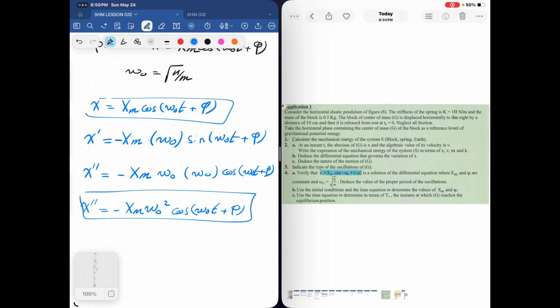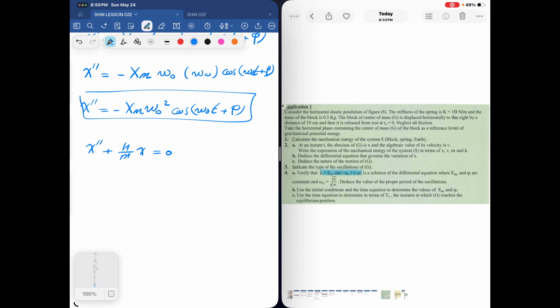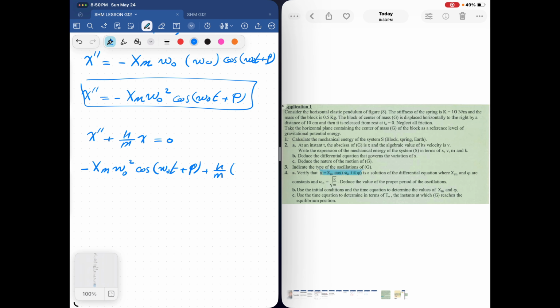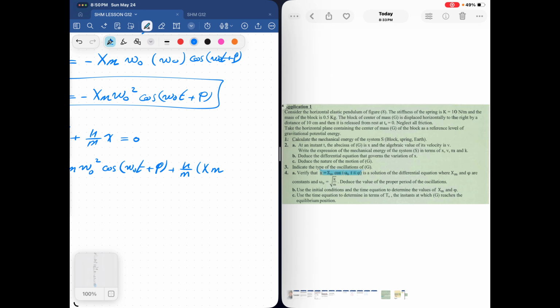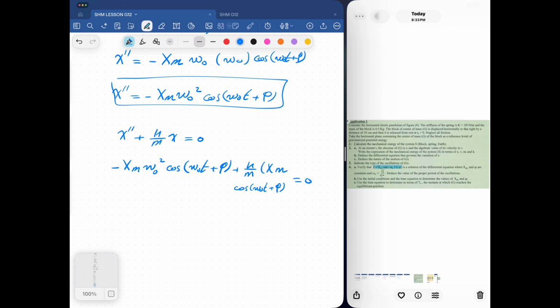Now we substitute this and this in the differential equation, and we get as follows: x double prime plus k over m x is equal to 0, thus minus xm w0 squared cosine w0t plus phi plus k over m x, which is xm cosine w0t plus phi, must be equal to 0, and we'll see if this will check.